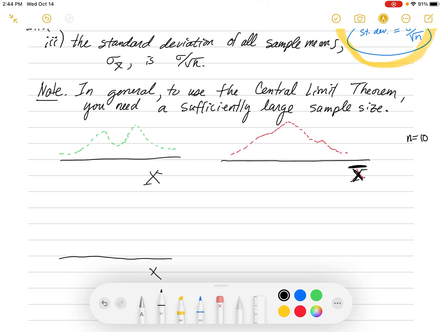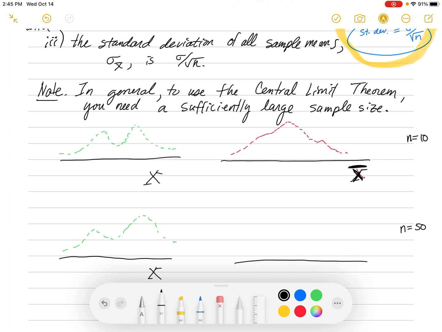Let's say I take that same original distribution where the random variable is X. And this time we look at sample sizes of, I don't know, 50. Sample sizes of 50.